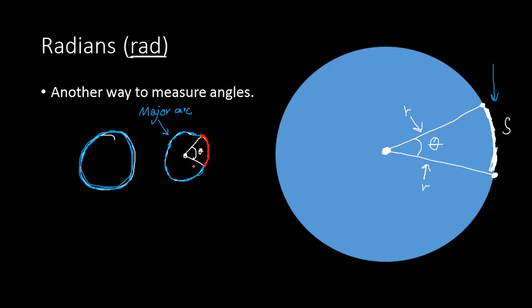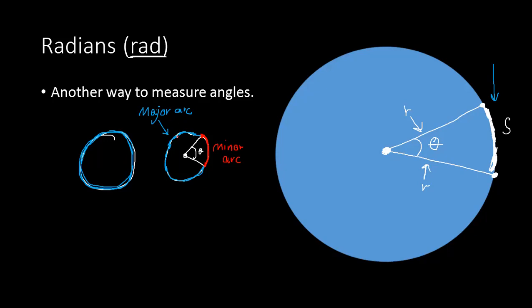As for the red, we'll call it the minor arc. All right. So now, the thing is, it's confusing because both of them are arcs, but different.